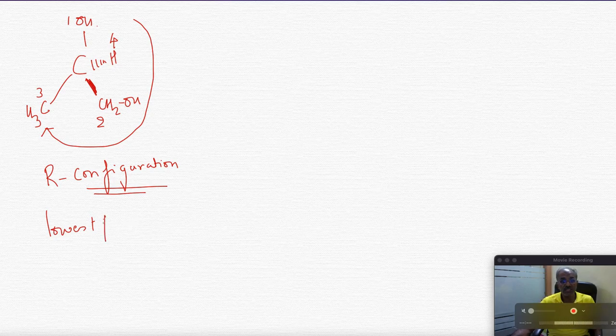The lowest priority group should always be away from the observer.